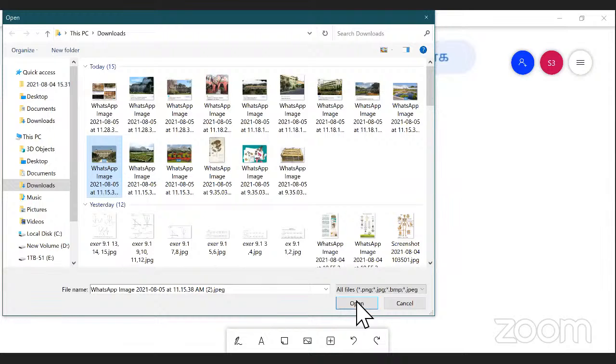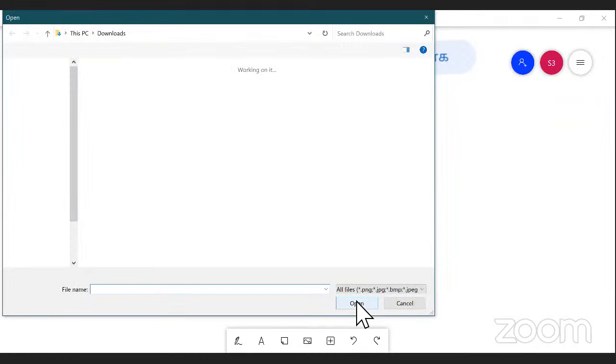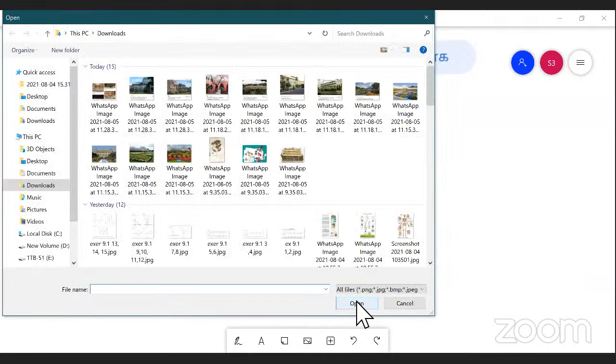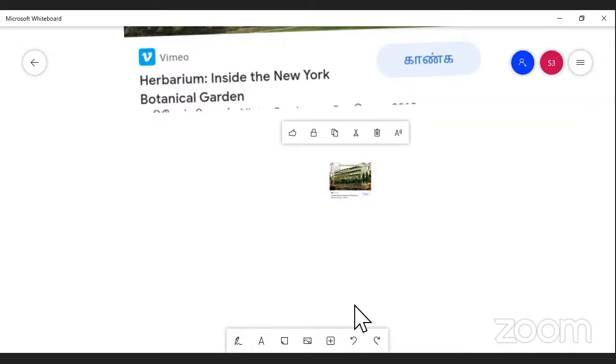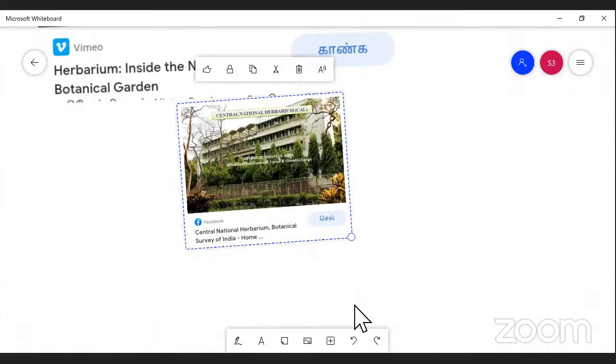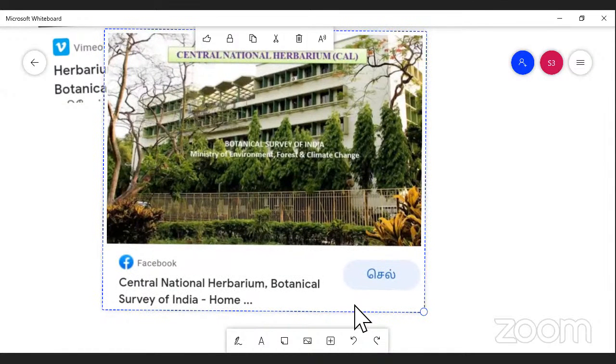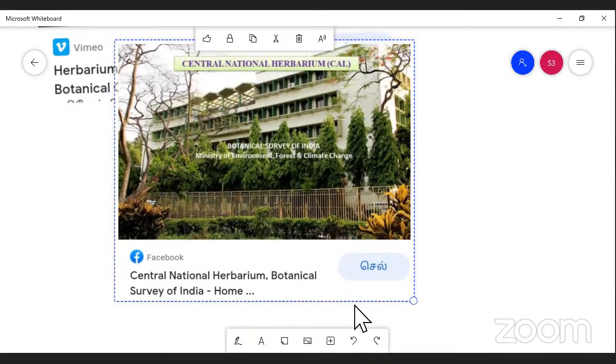What about the Indian herbarium? If you go to West Bengal, the largest herbarium is at the Indian Botanical Garden. That is the largest herbarium in India. It is also known as the Central National Herbarium, right? This herbarium comes under the Ministry of Environment, Forest and Climate Change.